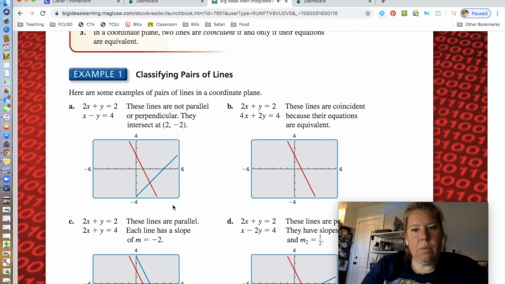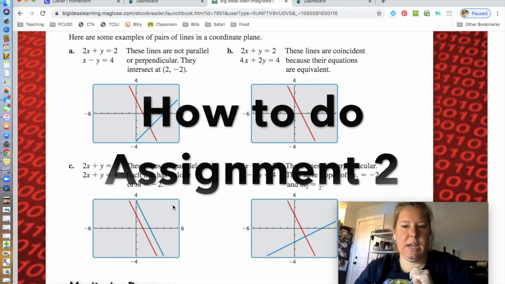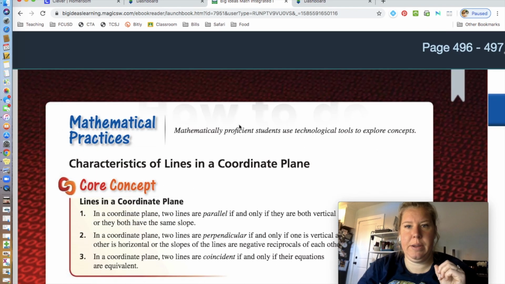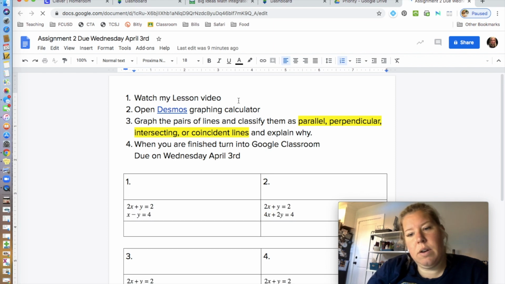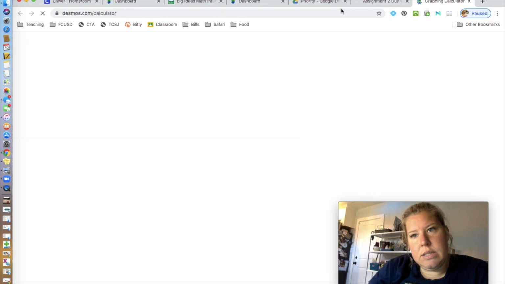So what we're going to do is I'm going to take these four sets of pairs of lines and put them in Desmos to show you how to do assignment 3. I'm making the video right now, so I'm going to go to Desmos.